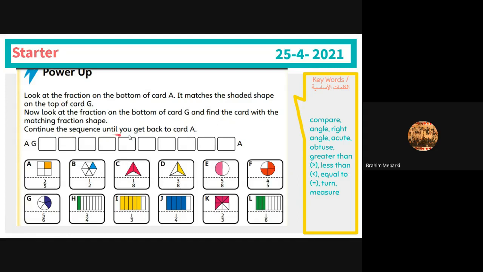Continue the sequence until you get back to card A. For example, card A, the fraction is 2/5. So what is 2/5? Which card on the bottom matches the 2/5 fraction?